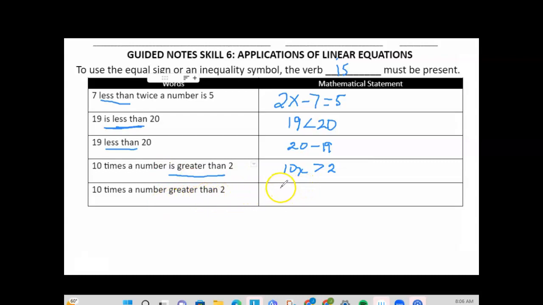That means add. So 10x plus 2. Obviously, there's a lot more words in a problem that can mean addition, subtraction, multiplication, or division. We're not going to try to cover all of them in the video, but there are a lot of them.